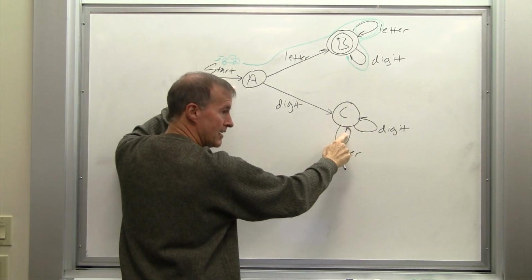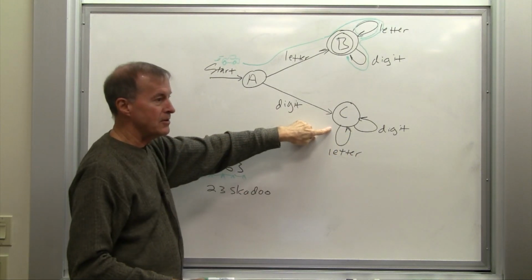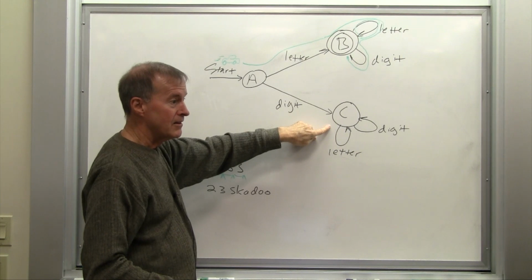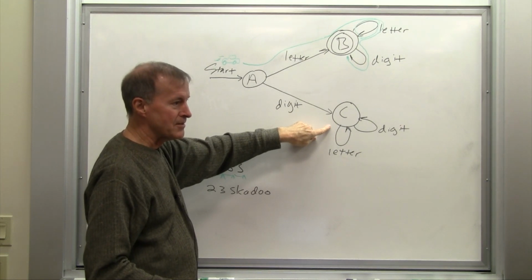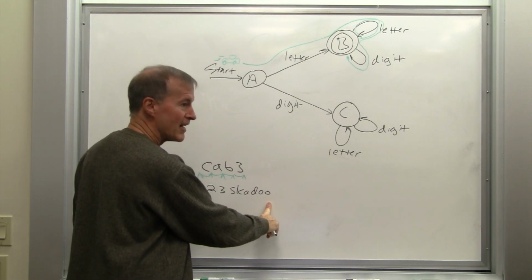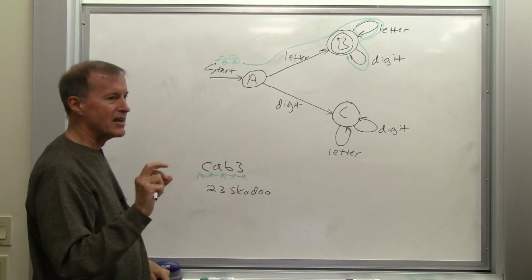You'd be done, and when you're done, where are you? In a state that is not a final state. And therefore, 23 skidoo is not a valid identifier. Does everybody see how that worked?